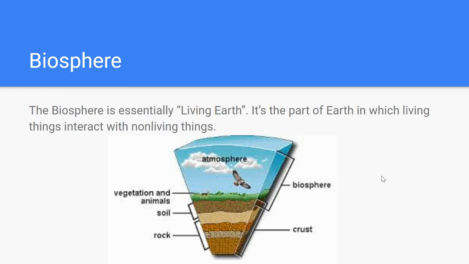So everything from the atmosphere to the top of the crust to our soil, that is all stuff we interact with on a daily basis. Life on Earth doesn't really dig down too deep into the mantle, and it definitely doesn't reach the core, but the core and the lower mantle are part of the Earth, but they're not part of the biosphere.